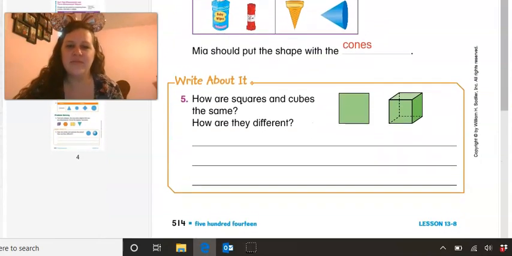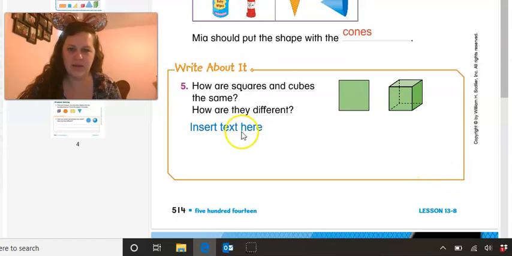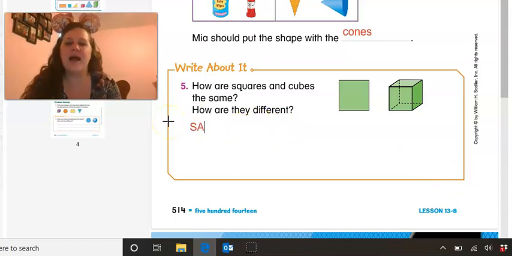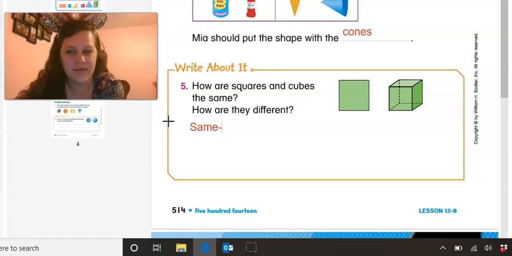All right, number 5. Let me get my typing ready. It says, how are squares and cubes the same? How are they different?